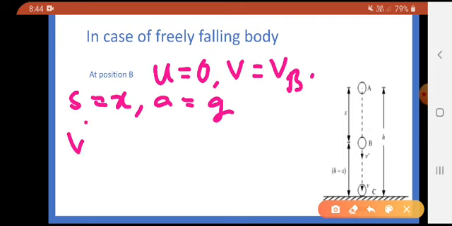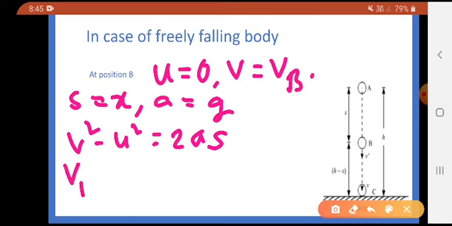Therefore, from v squared minus u squared equals 2as, using this equation we can find the velocity at point B. What is v? The final velocity, v_B squared.